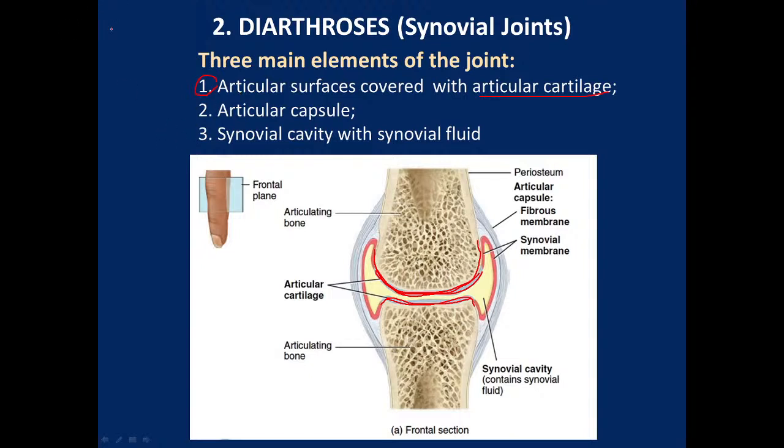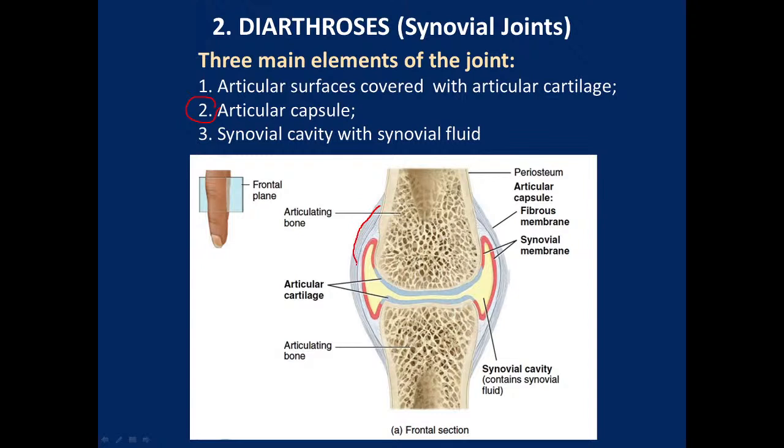Second element, the main element of the joint, is called the articular capsule. It is made by a connective tissue and surrounds and attaches the articulating bones. The capsule is made up of two layers: a fibrous membrane on the outside and a synovial membrane inside. Take a look.